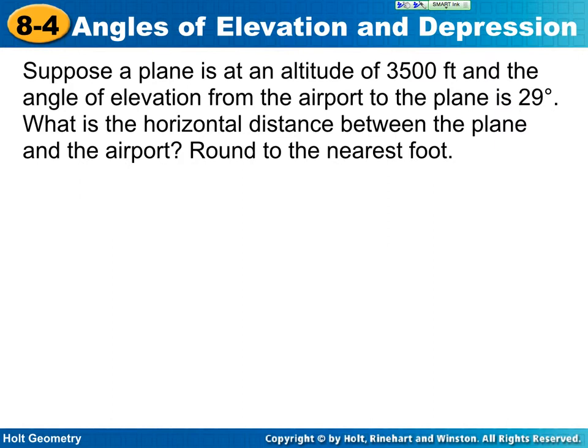All right, you've got it pretty good, except this is not the angle of elevation. Angle of elevation goes from a horizontal up. So like your airport would be down here, and the plane is up here that you're looking at. It's still going to be tangent, but this one will be on top because that's opposite.